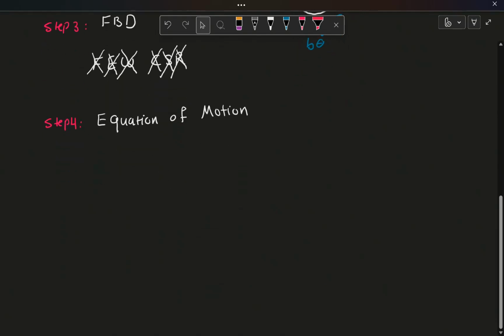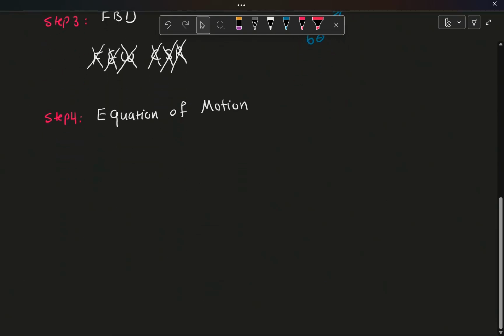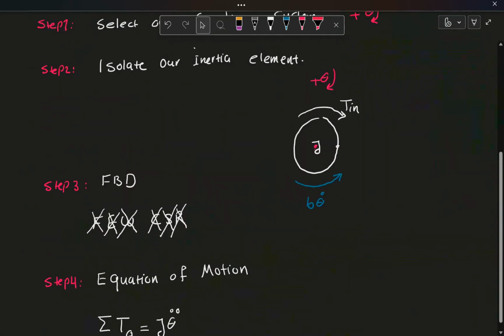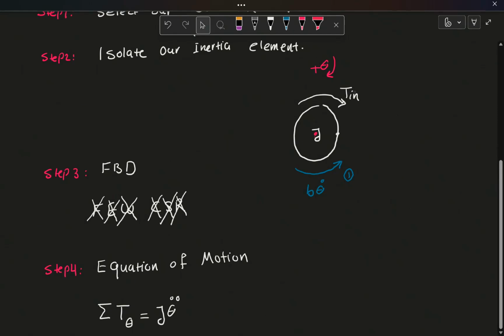Okay. Look at this. What I'm going to do is write down Newton's second law for the torques. So the summation of the torques along theta equals J theta double dot. Now, look at your free body diagram. How many torques do you have? You have one here and you have two here.